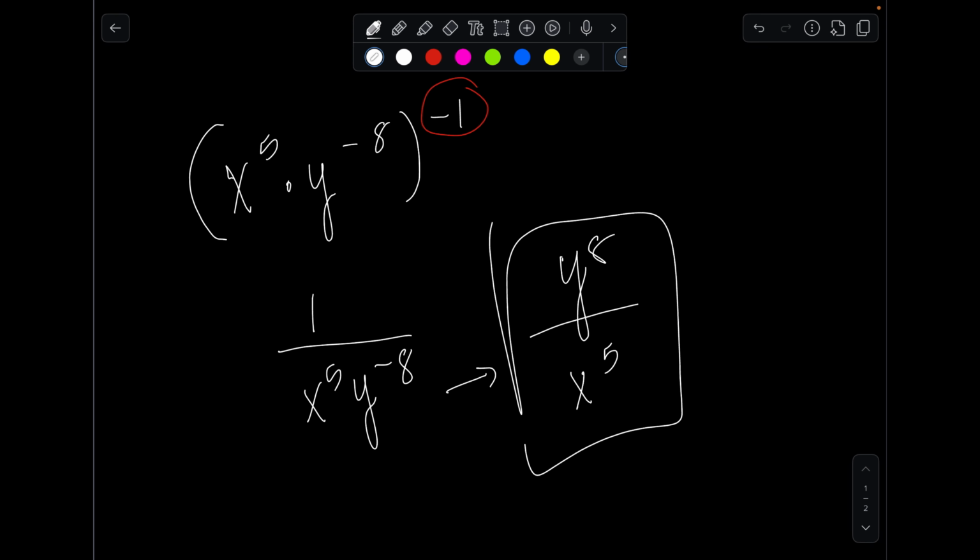I will show you another way to do this as well. This is also your power rule, so you can just multiply. So that will give you x to the negative fifth power, right? And that will give you negative 1 times negative 8, which is y to the positive eighth power, right?